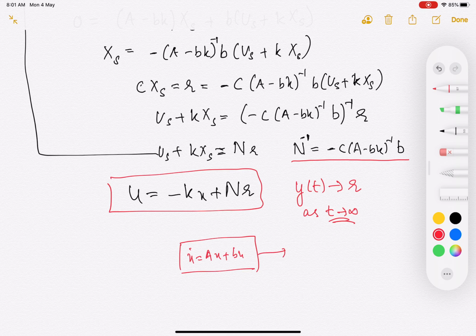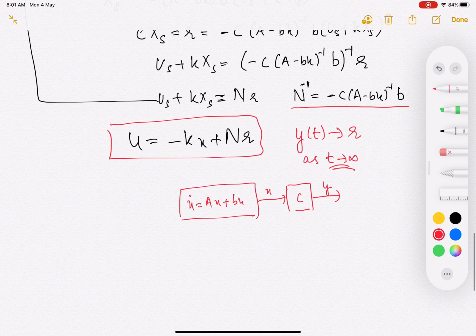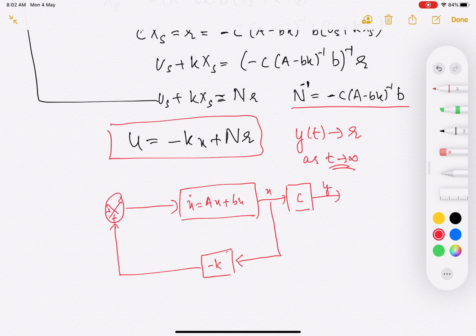You took this x out here, then you multiply this with c, you got your y out here, took this x, multiplied this with minus k, and this is a part of your state feedback law, and another part is coming from the reference input that you're providing.